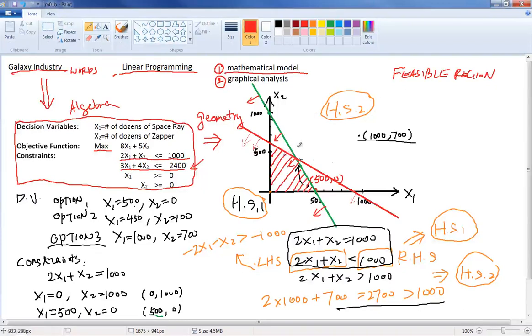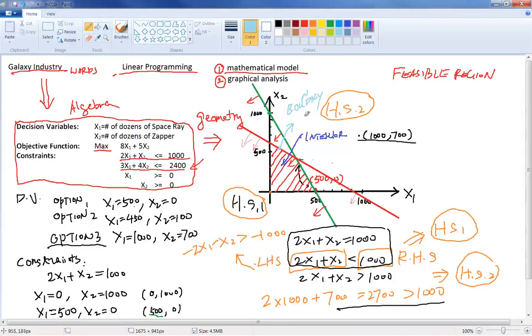Let me again change to a different color. We call any point that lies within the region an interior point. Interior point. And then we call those points that lie on the edge a boundary point.